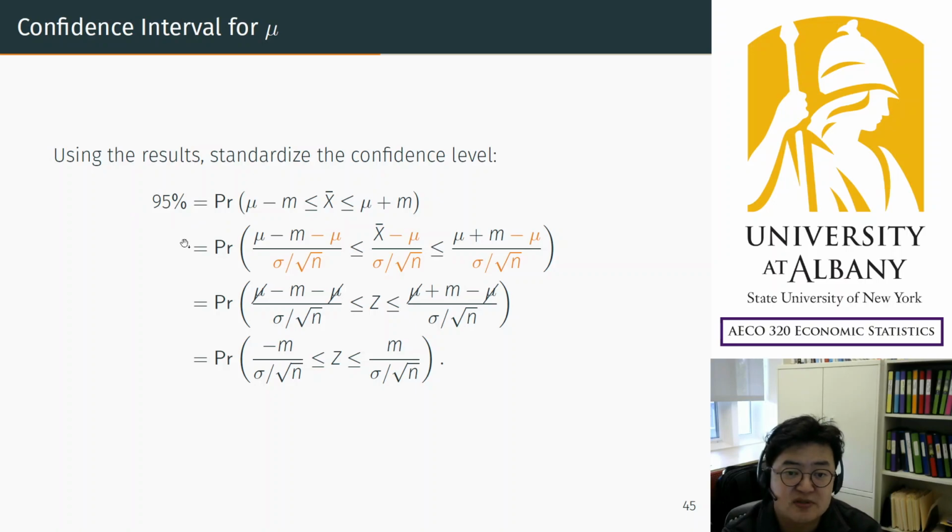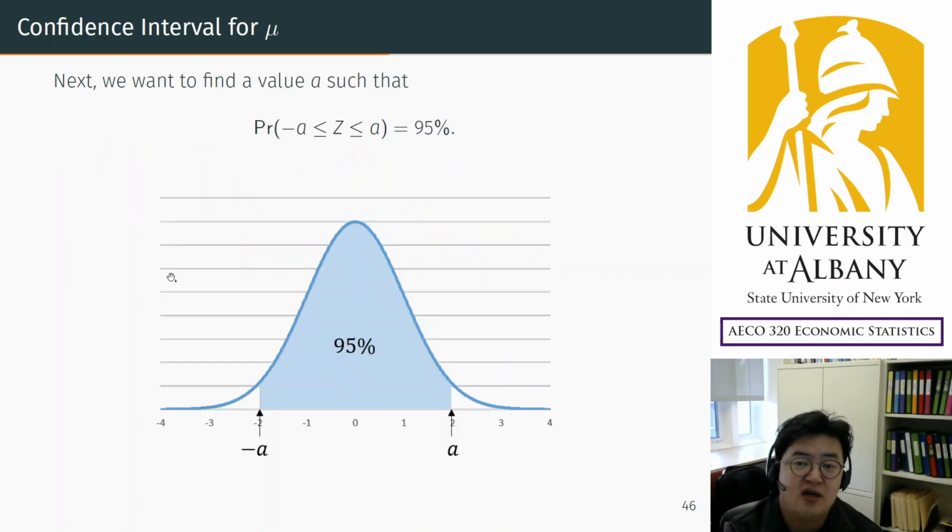Visually, this is what we are doing. We are looking for a number a such that the interval from minus a to plus a contains 95% of the standard normal distribution. That is what we want. How can we find it?